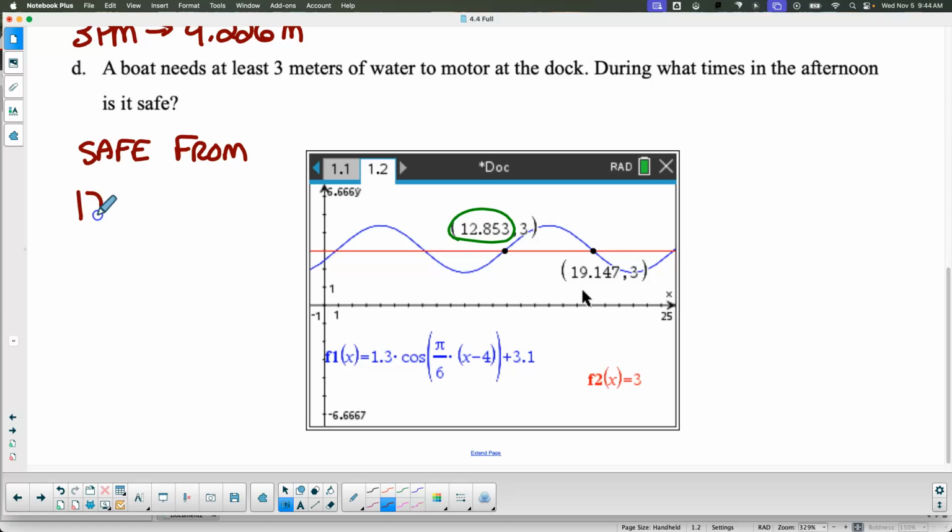I would call it 12:51 p.m. How did I get 12:51 p.m.? 0.853 times 60 is 51.18. We'll call it 51. Okay?